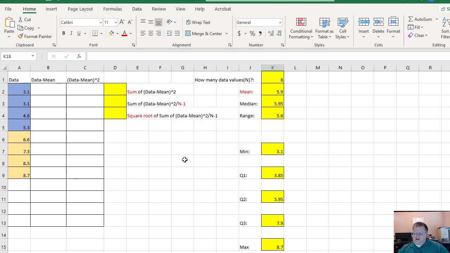Okay, so now that we did that, let's jump in here and calculate standard deviation. To calculate that, I need to fill out the rest of this chart. So I want to take the data minus the mean. So I want 3.1, so equals 3.1, subtract off the mean, and I want to make sure there are dollar signs around that one position.